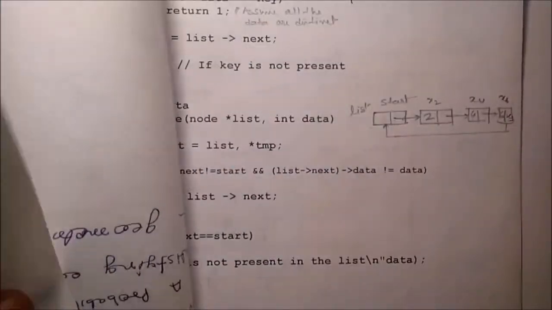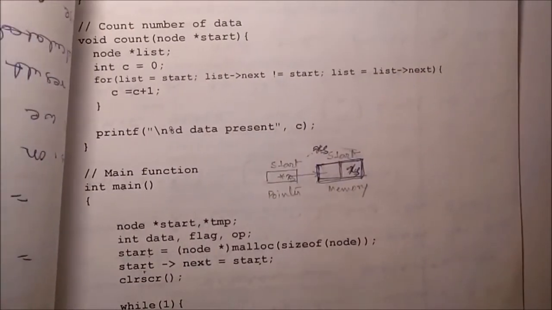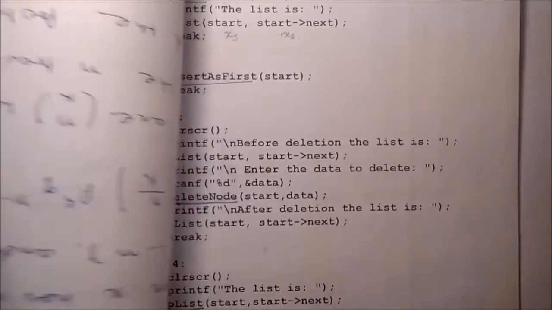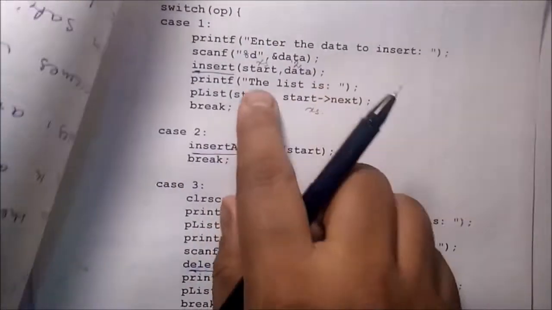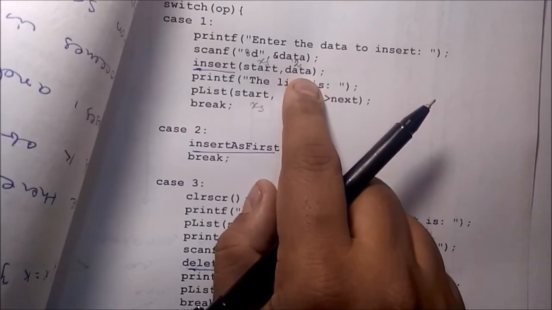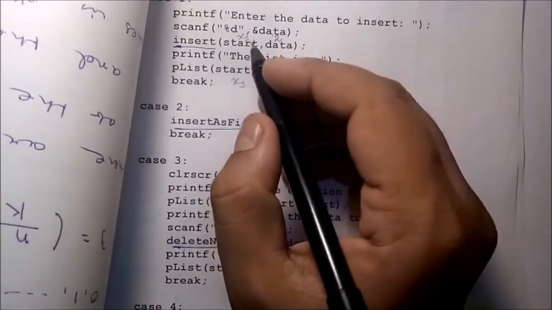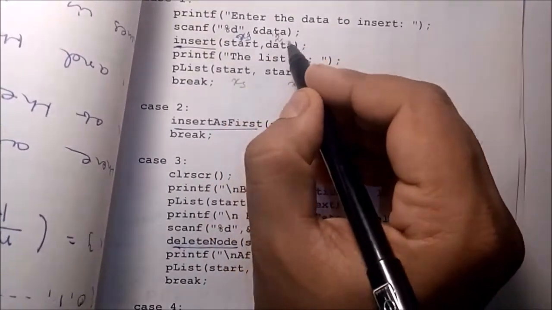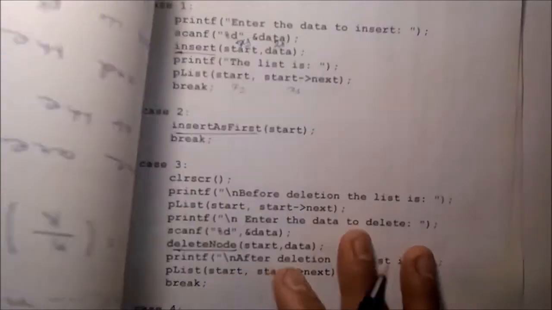Now once again we press 1, we want to insert, and we are passing the start address and the data. Assume we are passing say 20. Start address is xx already, and the data is 20.